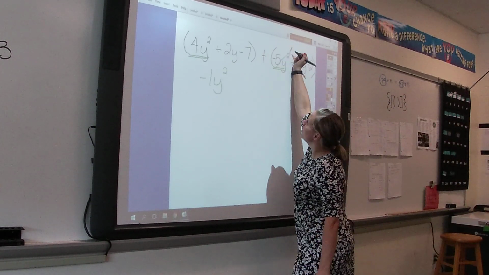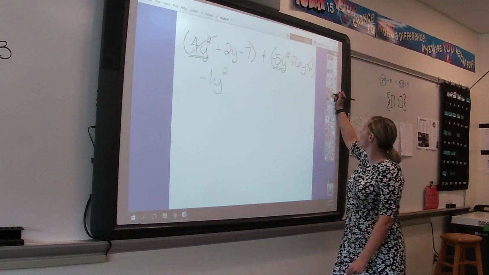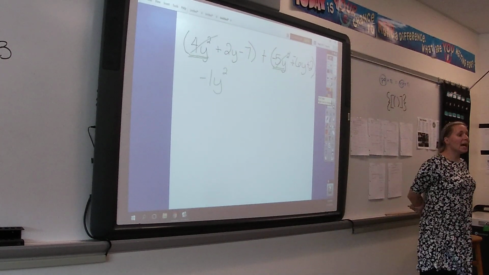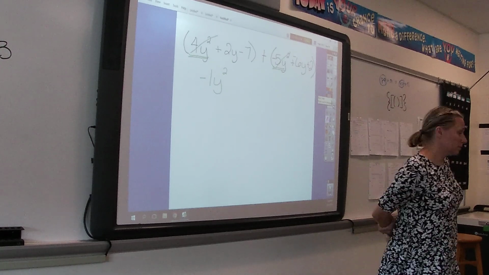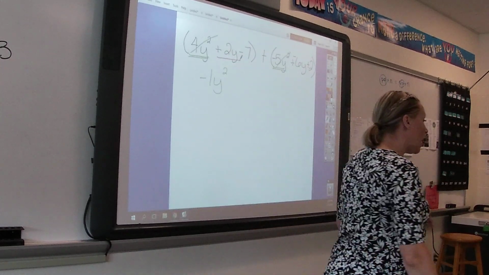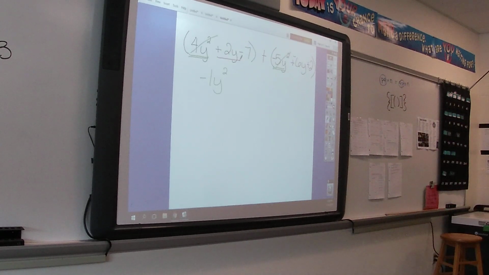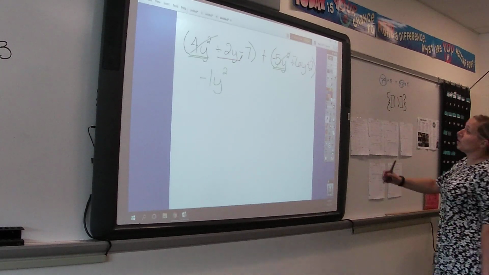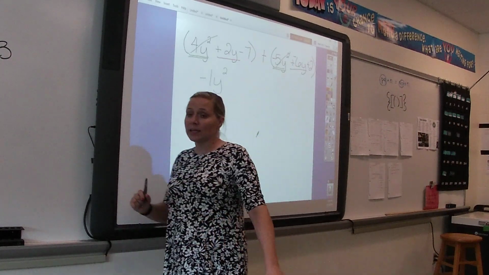Okay, so we've taken care of these two. We've used them. What's the next largest exponent that we see? 2y. Okay, so anything that will go with the 2y. Right, the negative 6y. Okay, so what is 2y plus a negative 6y?